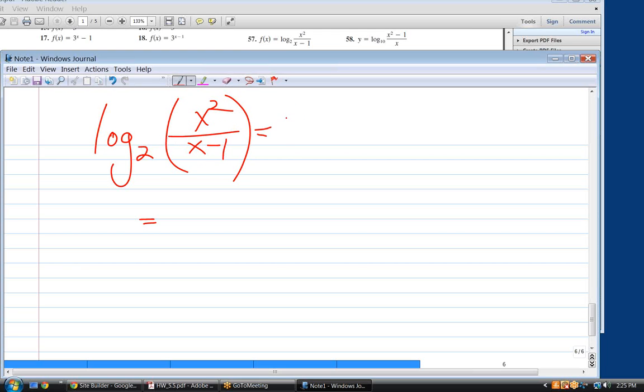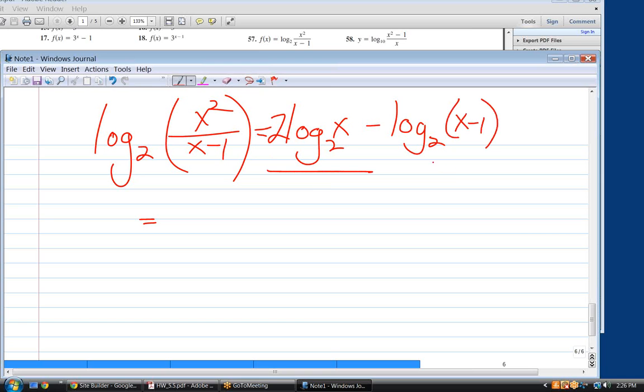So I like your plan. Let's make it the log base 2 of x squared minus the log base 2 of x minus 1, right? Yeah. Okay, now we can differentiate that pretty easily and differentiate that pretty easily.